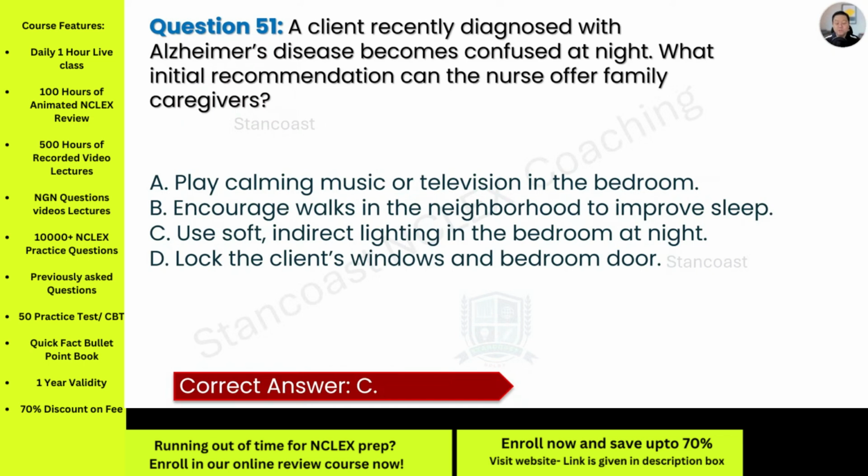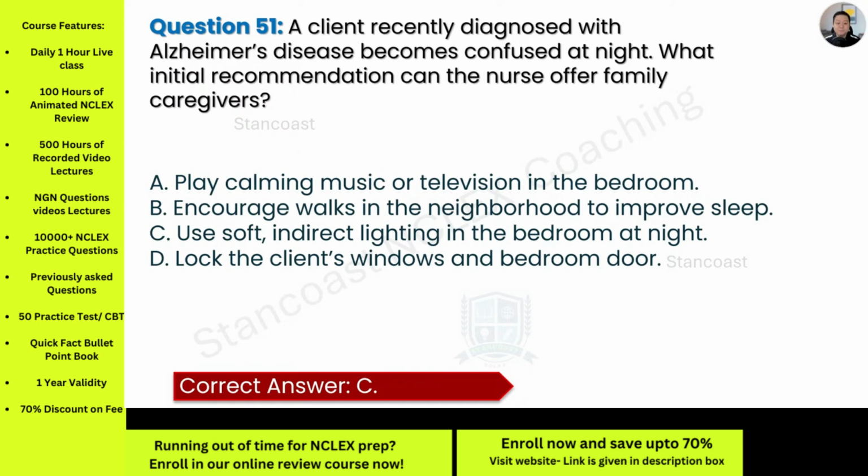So what we'll do here is to prioritize those interventions that promote safety, promote orientation, and promote a calming environment. So you have to eliminate those options like playing music or television in letter A, or locking the client's door in letter D. These could exacerbate confusion or cause distress, making them unlikely choices.